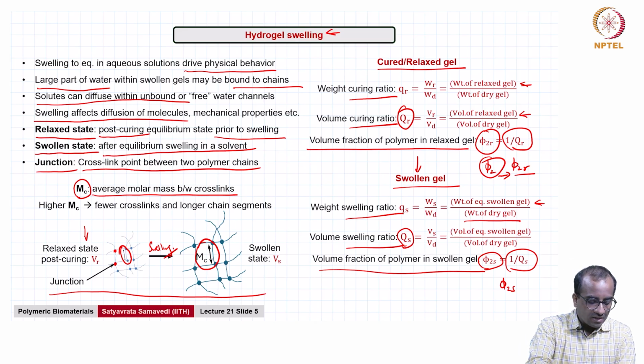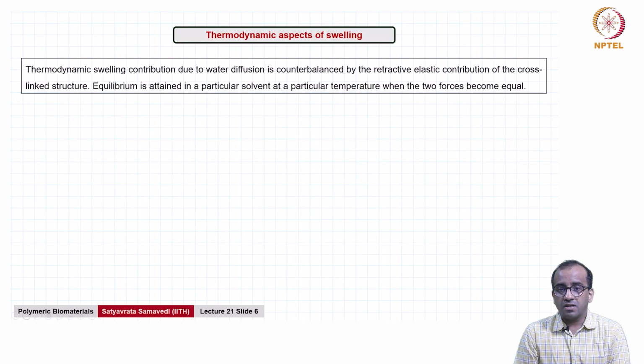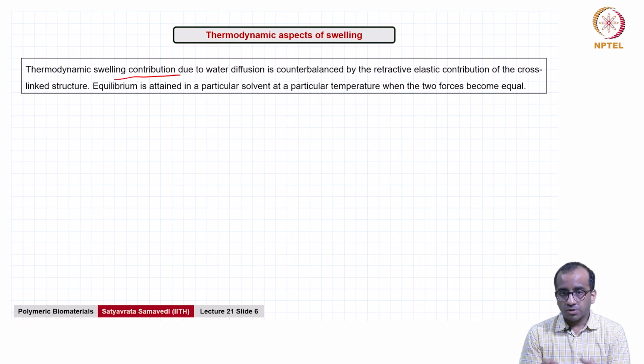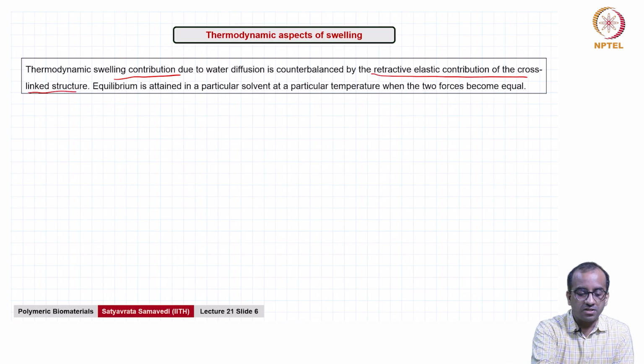So now we can ask, how does the hydrogel swell in the presence of water, and what are some conceptual thermodynamic ways to think about hydrogel swelling. Now imagine that there is a covalently cross-linked elastomeric network. The thermodynamic swelling contribution due to water diffusion, water is going to go inside, is countered by the retractive elastic contribution of the cross-linked structure.